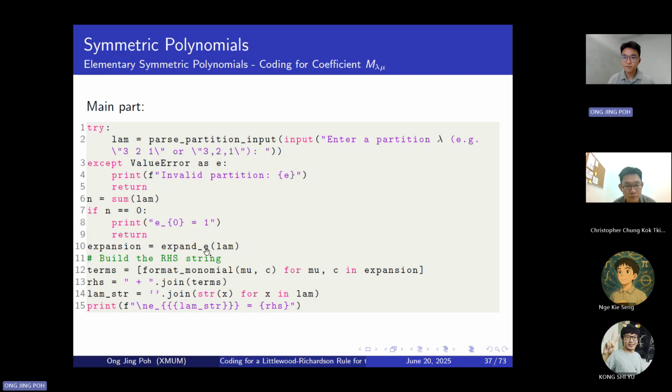And in line 10, the function expand e counts the number of 0,1 matrices for every partition and stores them in expansion. Then in line 12, I use the function format monomial to store the result in the desired format, and we output the result in line 15. So I'll skip the other coding part. If you have any questions, you can ask later in the Q&A session.